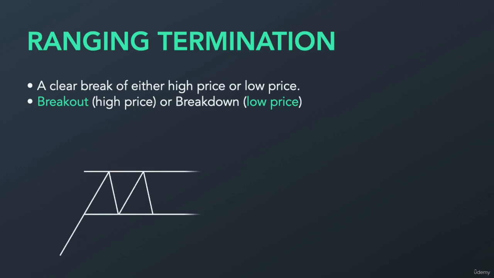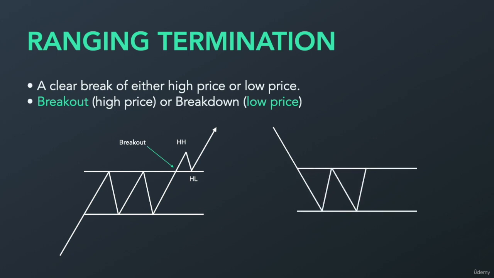All right. So as you can see, we are in a sideways market, and then suddenly price breaks through the upper end of the range. So we have a breakout, and we should see a higher high, and we can expect, of course, a higher low. Okay.